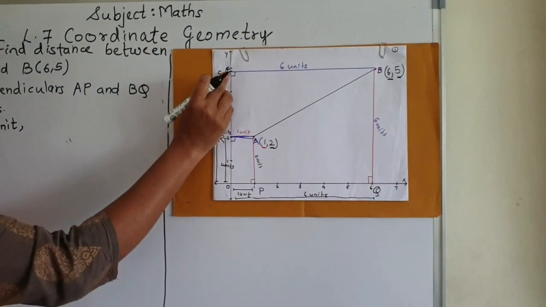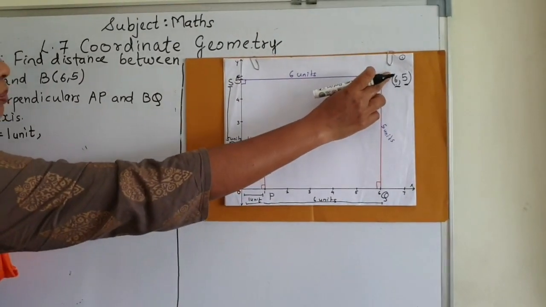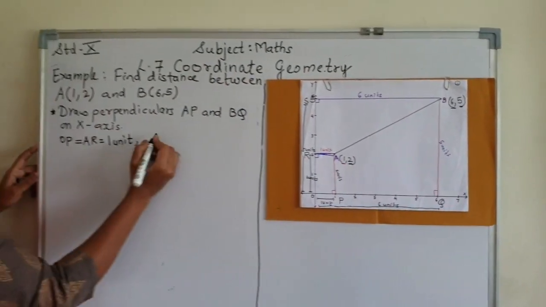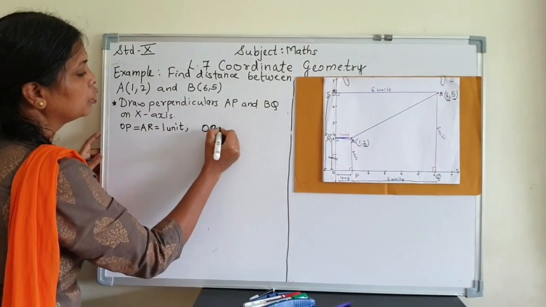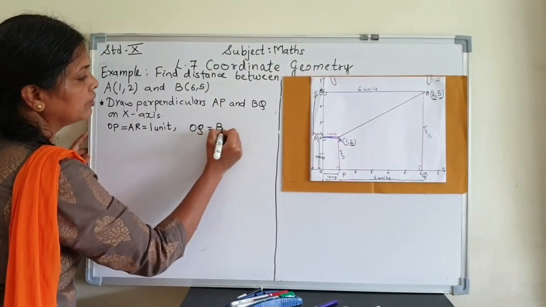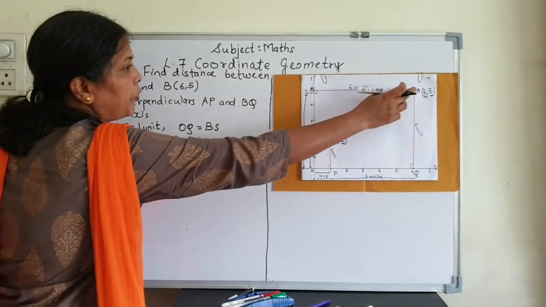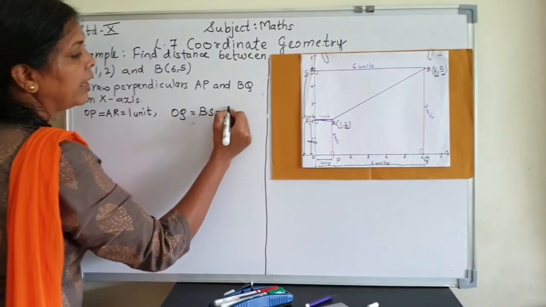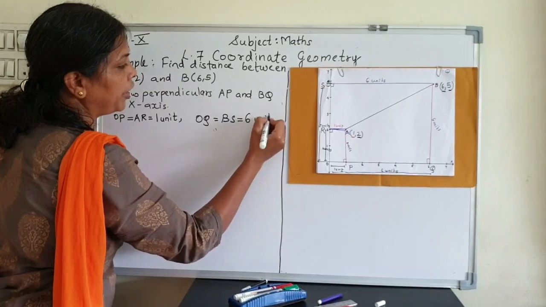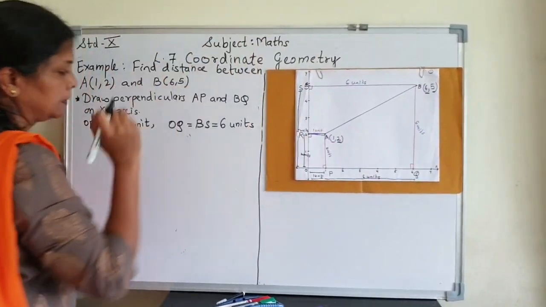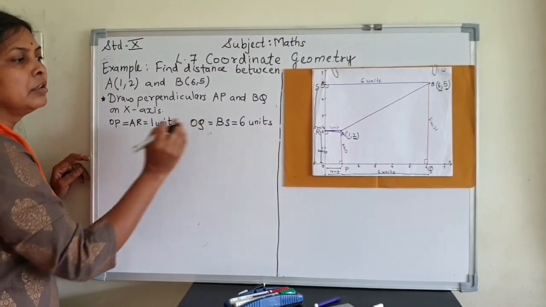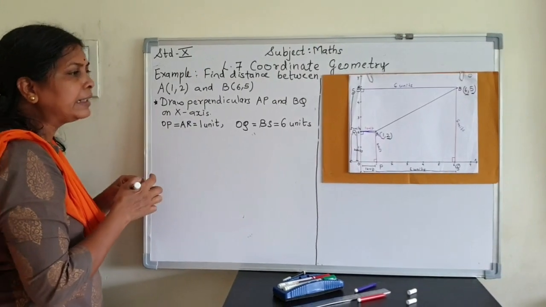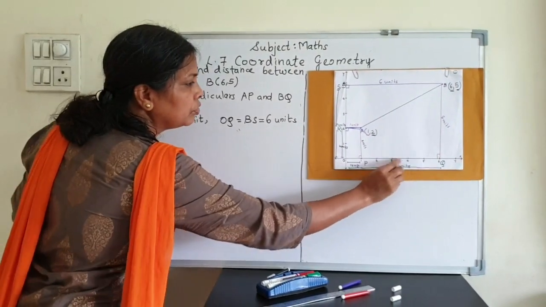OQ, which is nothing but SB or BS. So here we get OQ, which is nothing but distance of point B from y-axis, that is x coordinate of point B. Yes? So now, can you find the distance PQ?